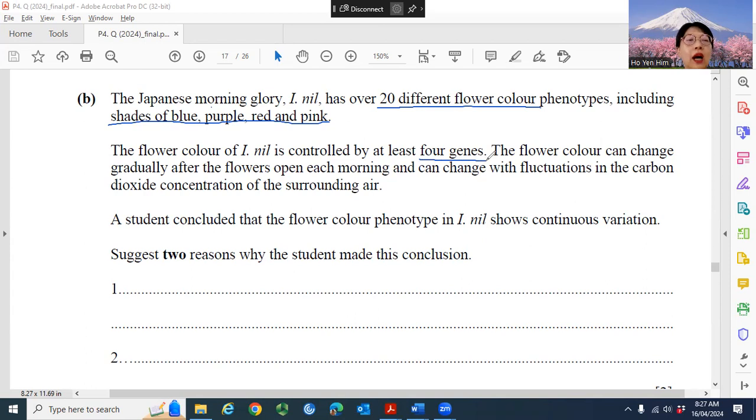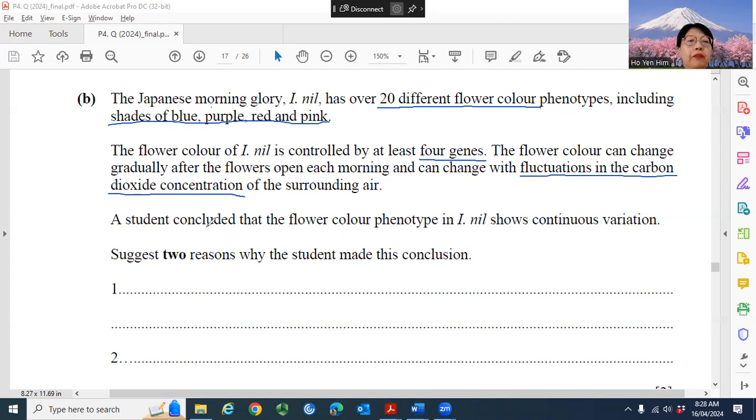So this is called multiple genes coding for the color. And also the flower color will fluctuate because of CO2 concentration in the air. So these are very important pieces of information for you to answer this question.